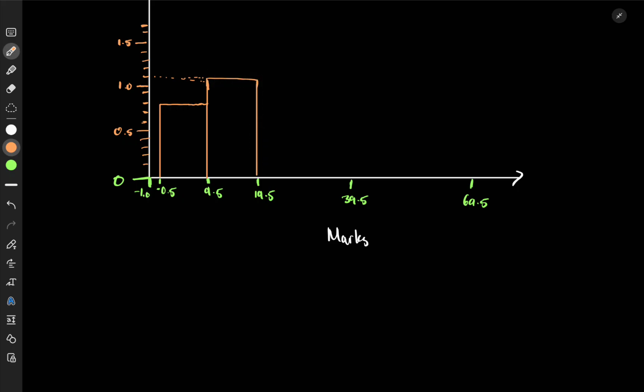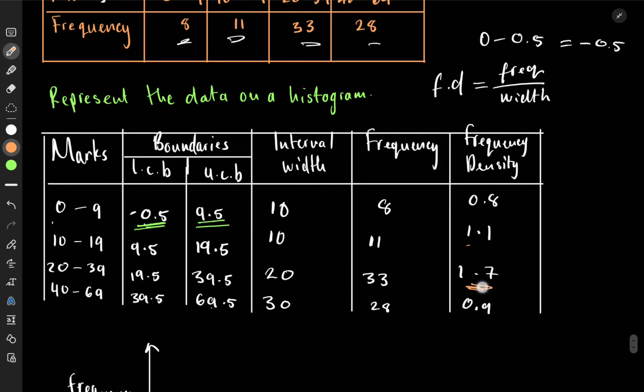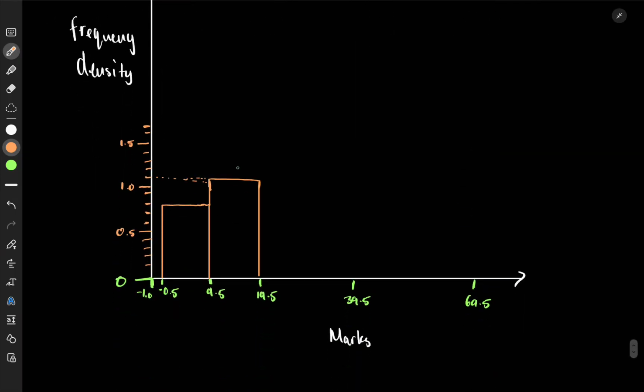Then we can join them. All right. Now, what is the next one? I'm looking at this side, 1.7. So it's going to be 1.5, 1.6, 1.7. So it's going all the way to the top there. This is my 1.7 up here. So let me pull it up there. Then we can have this go as well to 1.7. Then we can join them.